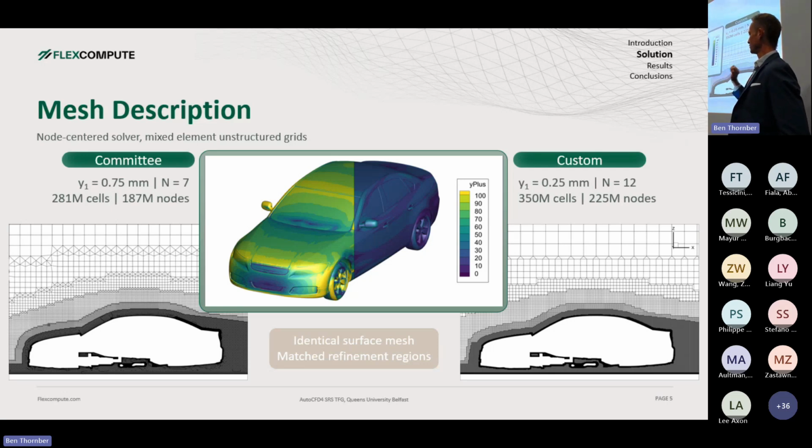You'll see we'll carry these forward, but the committee representative mesh, I will say, increased in node count slightly at left, which is our degree of freedom that we're going to be working with, but only slightly above the 157 million cell mesh that the rest of the participants are mostly working with. And in all of these examples, whether we're talking about the custom or the committee mesh, the surface mesh itself is identical. So we're starting from that and growing boundary layers on top of it.